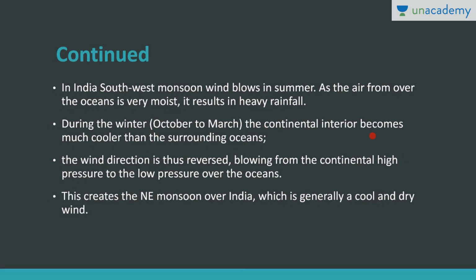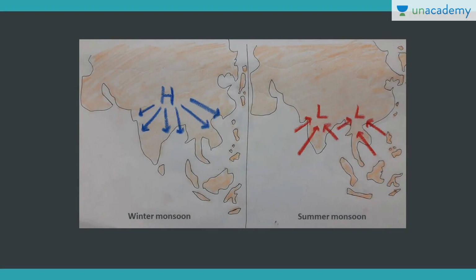The continental interior becomes much cooler than the surrounding oceans, and the wind direction is thus reversed, blowing from continental high pressure to the low pressure over oceans. You can see it here. In the winters, high pressure is on the land, and therefore winds move from high pressure to the low pressure in the surrounding oceans. So this is how monsoon, or the reversal of winds, takes place.